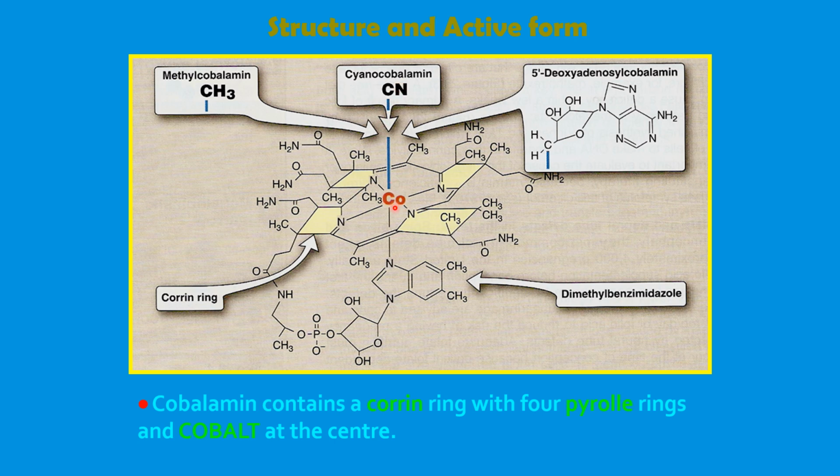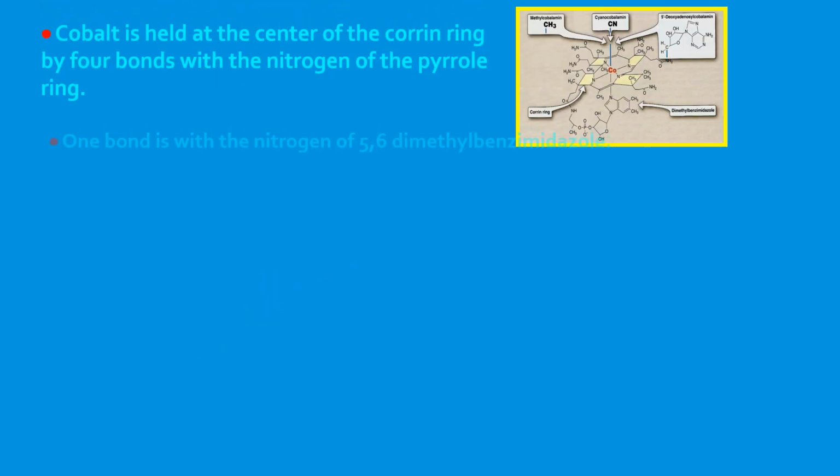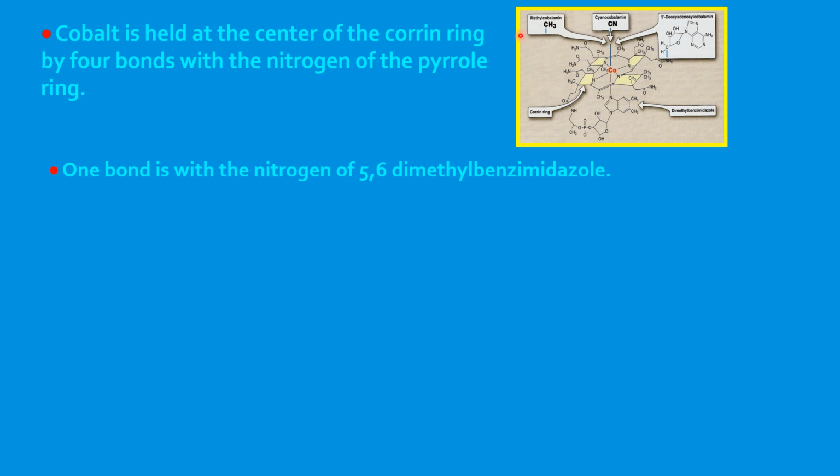At times, the cyanide can be replaced with methyl. We call it methyl cobalamin. Or we can have a deoxyadenosyl molecule attached to it, and we refer to it as 5-deoxyadenosyl cobalamin. So we see that this cobalt is held at the center of the corrin ring by 4 bonds with the nitrogen of the pyrrole ring.